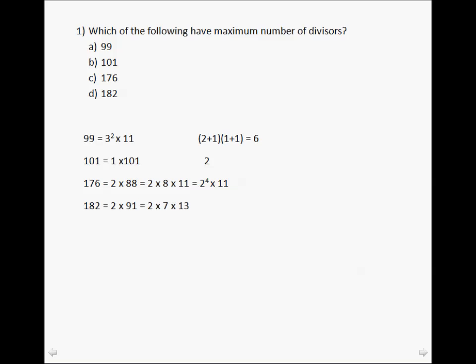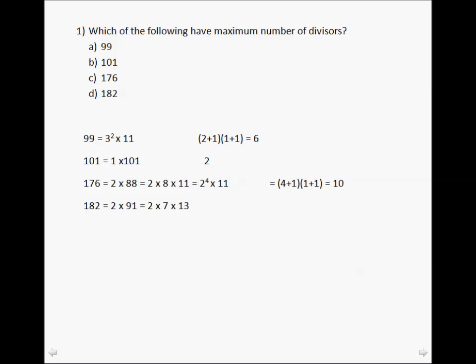So the number of factors of this would be 4 plus 1 into 1 plus 1, which is equal to 10. So it has 10 factors.